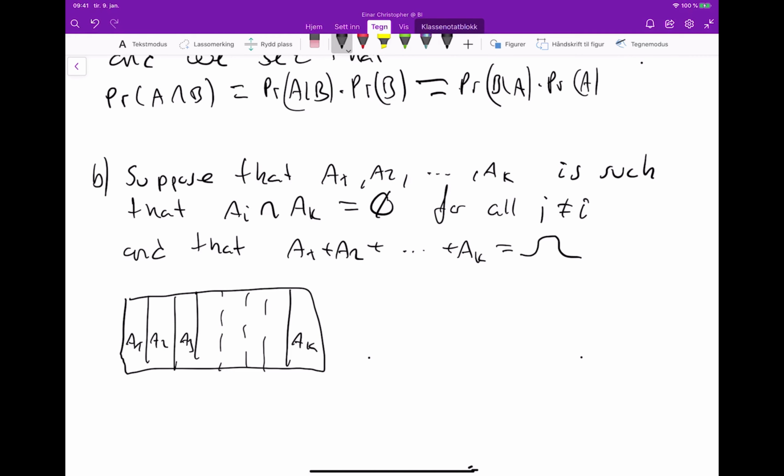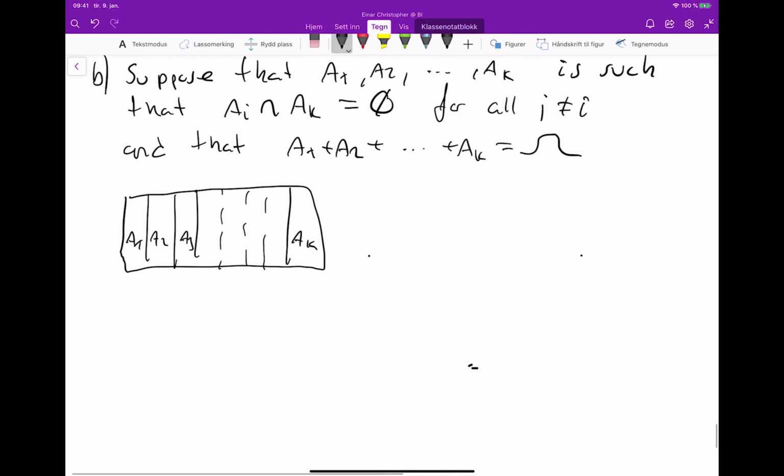So each little rectangle is one of A1 or A2 or A3 and so on. And then we see that these events, A1, A2, and A3 are disjoint, and therefore A1 and A2 is empty. You can see there's no overlapping here, so that should be clear. Let's go on.